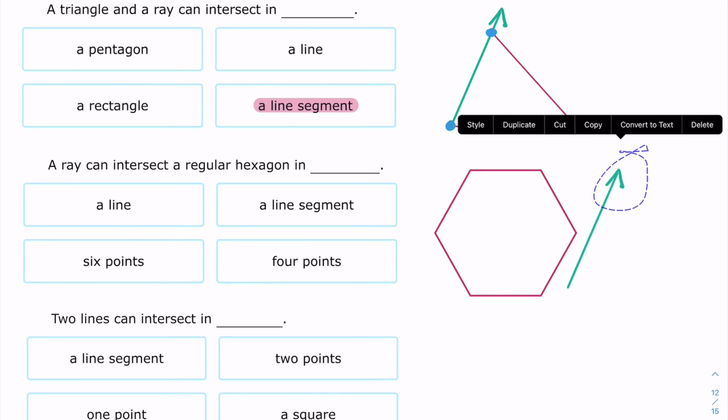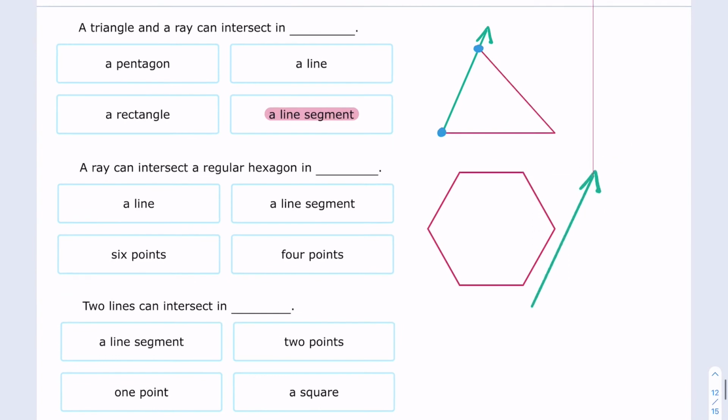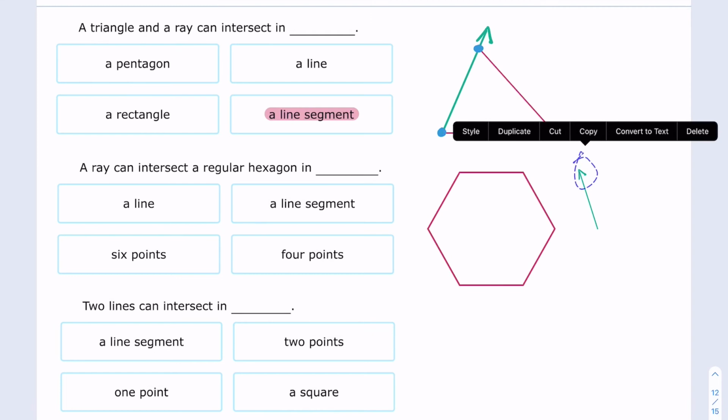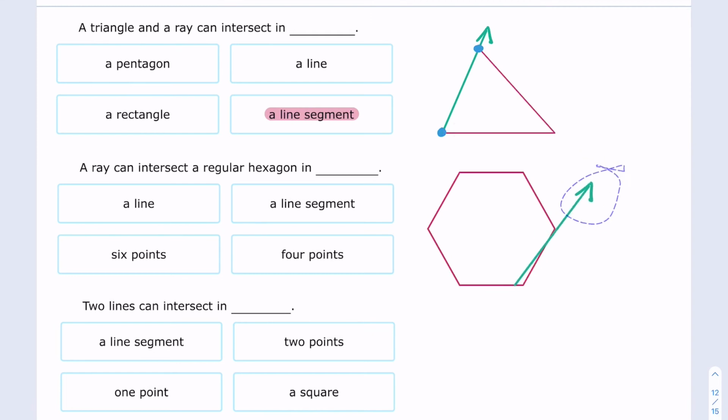No, I can get like 2 points off of this. 4 points, no, but you know what? How about a line segment? And whoops, that works for me. Looks like right there is a line segment again. So the answer, line segment.